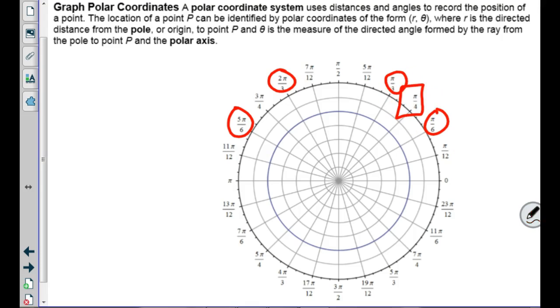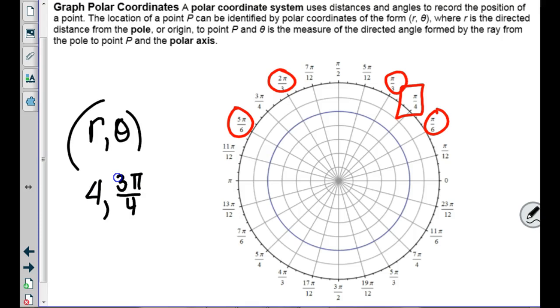Now, let me give you a real quick example of what I'm talking about when we graph this, just because it's not that hard. If we had (4, 3 pi over 4) as the spot we were supposed to graph, you would start measuring from here. You'd go around to 3 pi over 4.